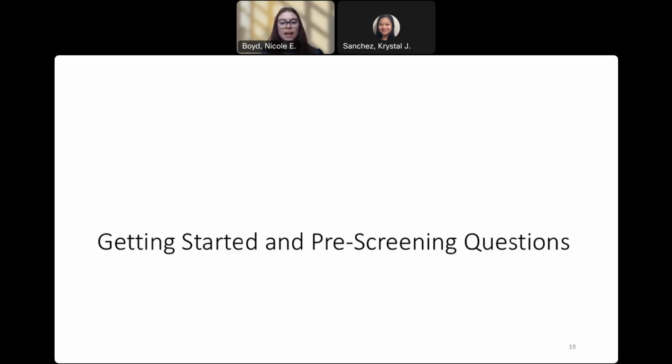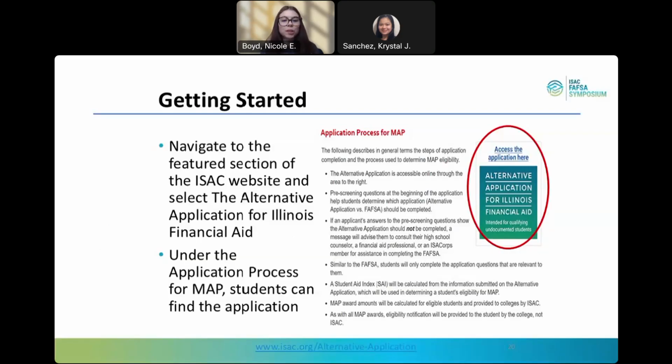So now let's take a look at getting started and those pre-screening questions. So when a student wants to get started with the application, they are going to navigate to the featured section of the ISAC website, which is linked at the bottom of the slide, which will be available to you later. It's just www.isac.org/alternative application.